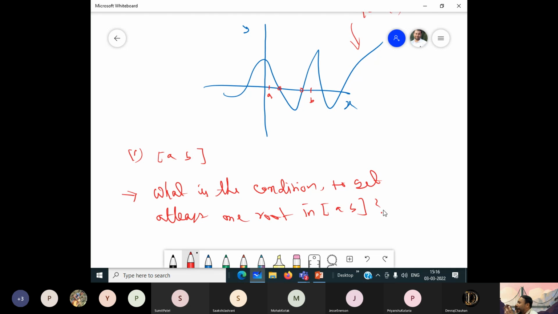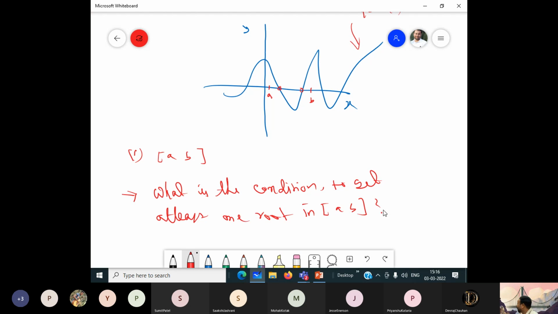At what situation am I very much confirmed there is at least one solution? There may be more than one. Very simple condition here. To get at least one solution in that interval, the graph has to cross the x-axis at least one time.